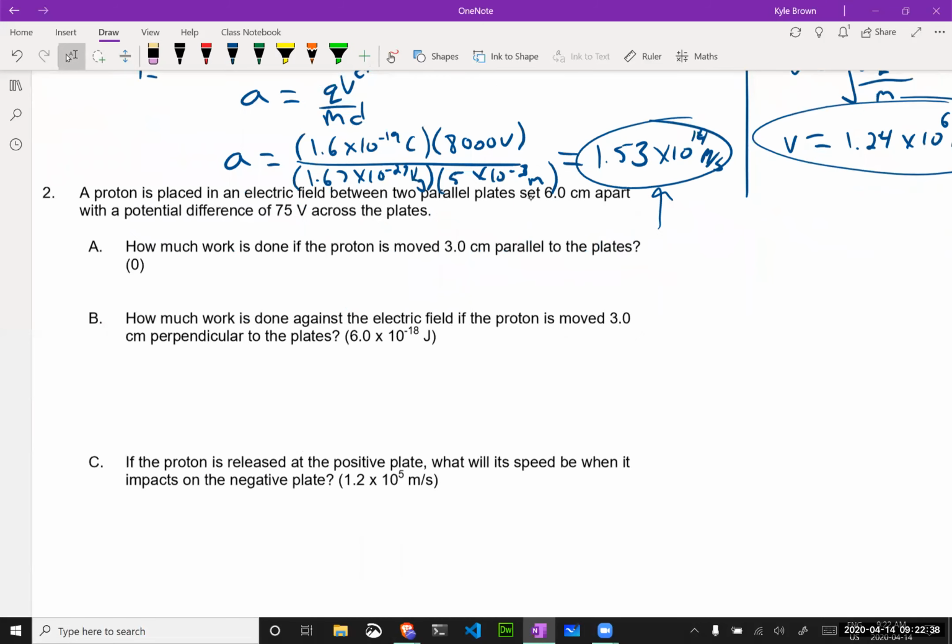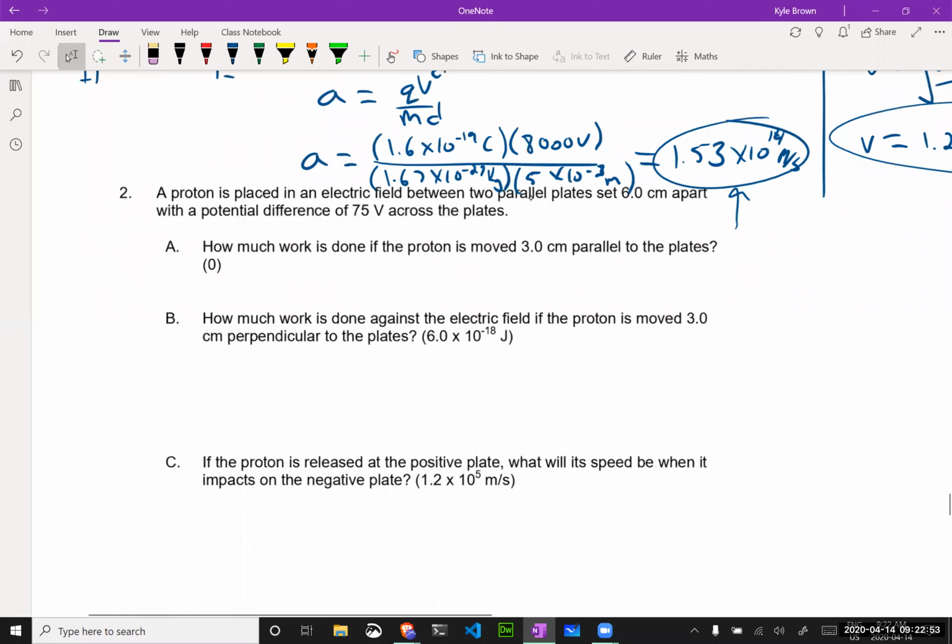Okay, number 2. Okay, a proton is placed in an electric field between two parallel plates that are set 6 centimeters apart with a potential difference of 75 volts across the plates. Now, it says how much work is done if the proton is moved 3 centimeters parallel to the plate.